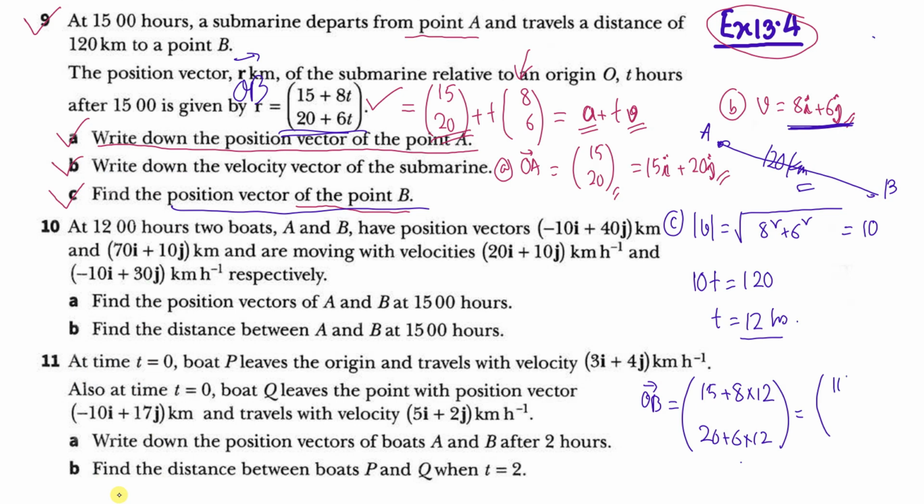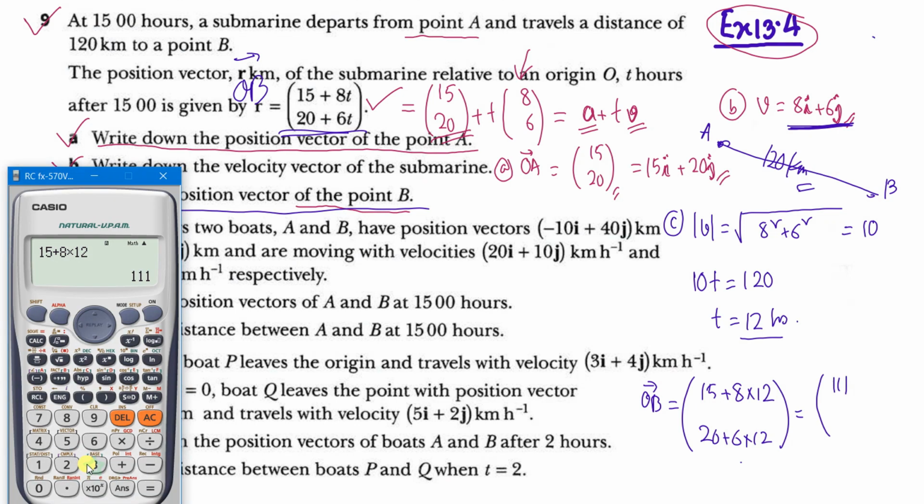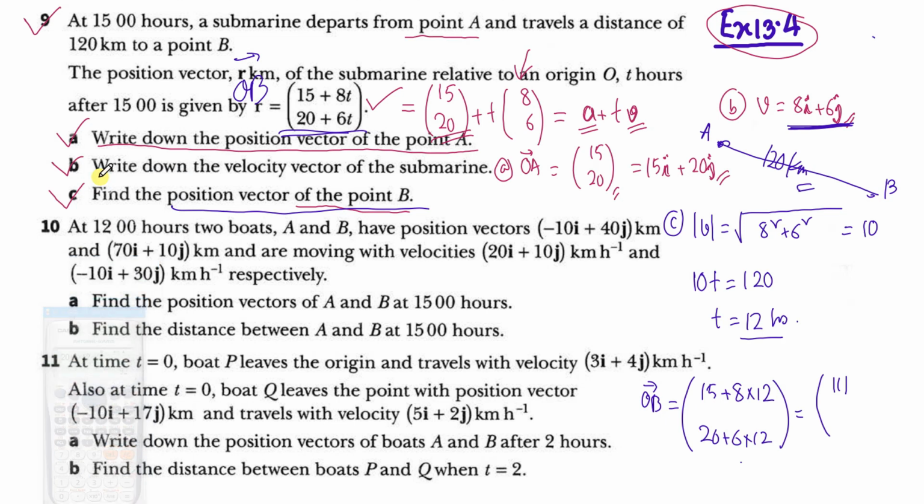The bottom one is 20 plus 6 times 12, and it is 92. So the final answer is 111i plus 92j. This is the final answer of this question.